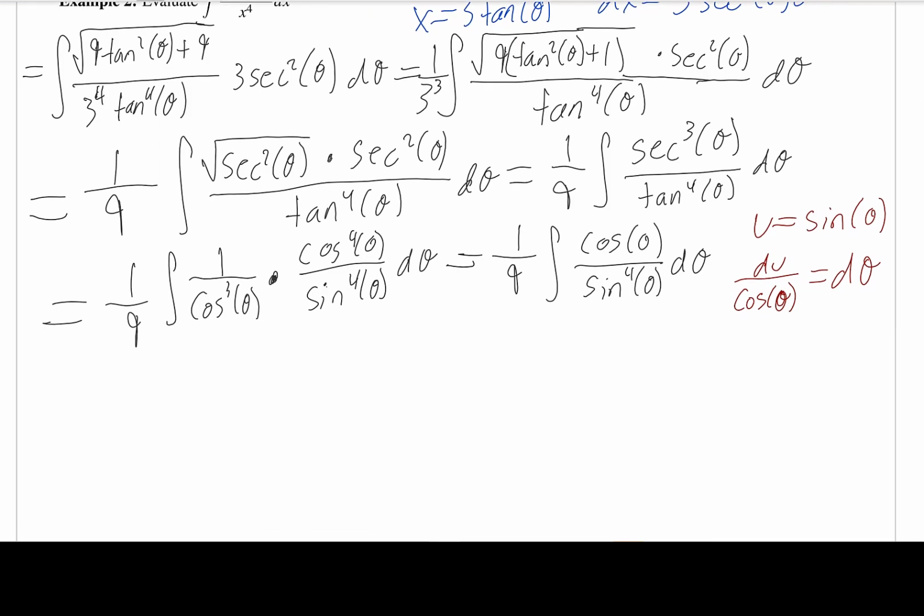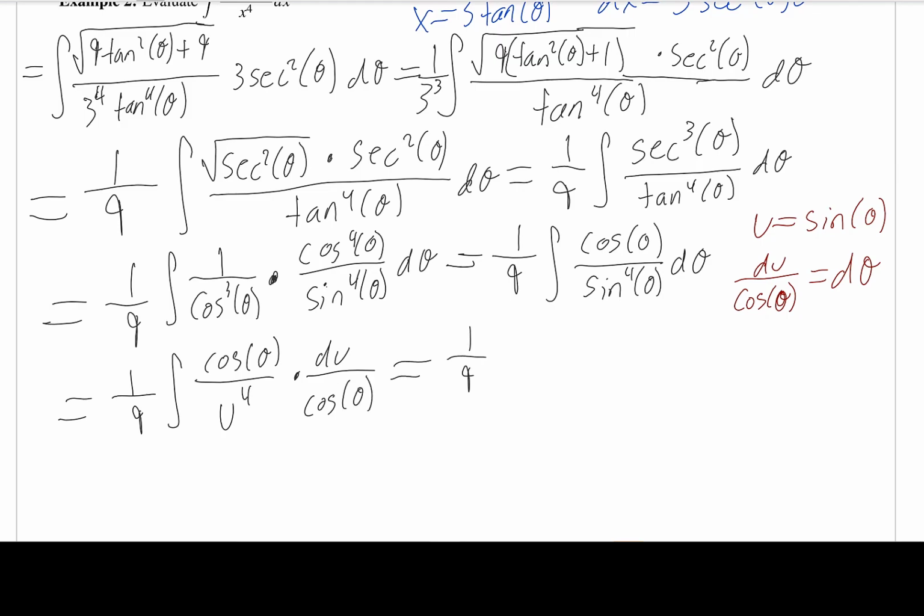Then plugging in this u substitution, we should have 1/9 times the integral of cosine theta over u to the 4th. And then d theta is going to be du over cosine theta.